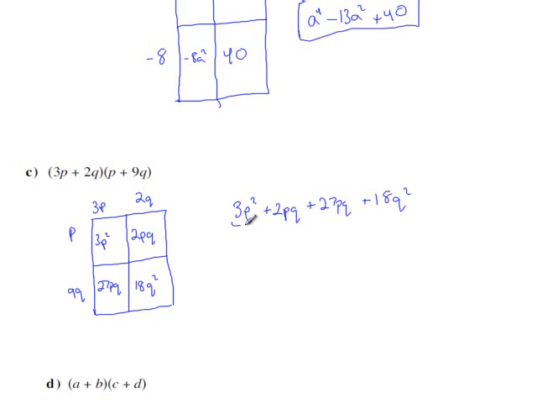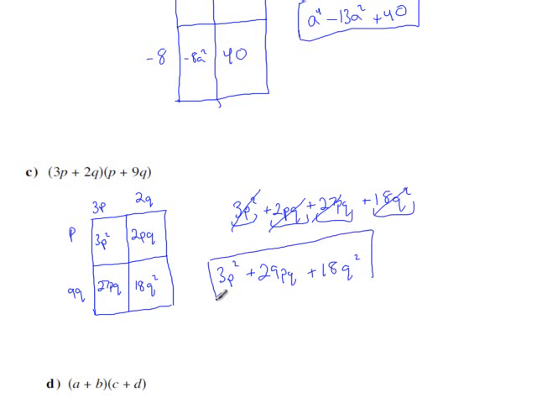Combine like terms, so the 3p squared is alone. pq terms, we have a 2pq and a 27pq. So I get plus 29pq. And then we have an 18q squared at the end. Done.